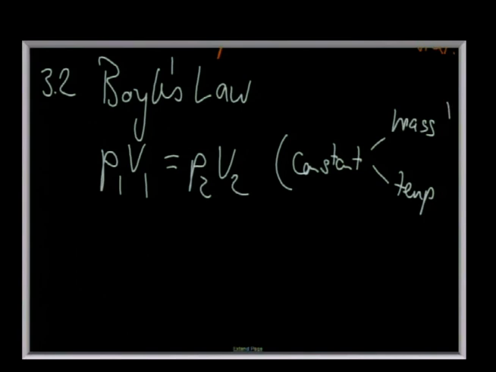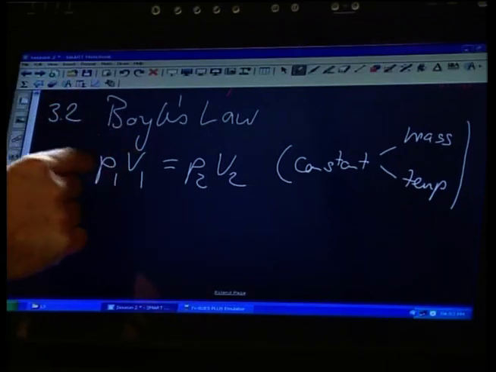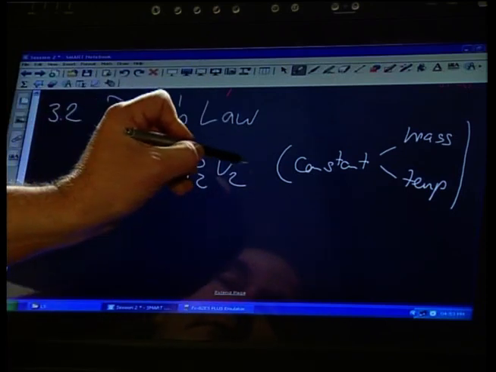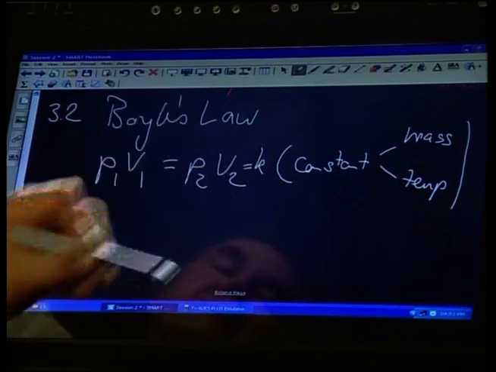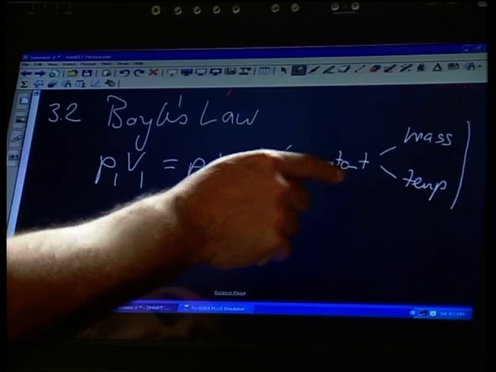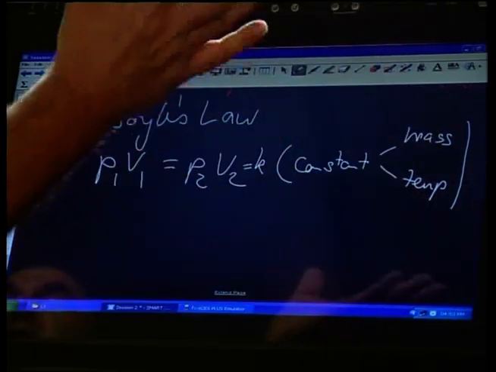So when you look at that equation, what does it tell you? It tells you that the product of pressure and volume is constant. That's the same. It's equal to a constant, when the mass and temperature of a gas are kept constant.